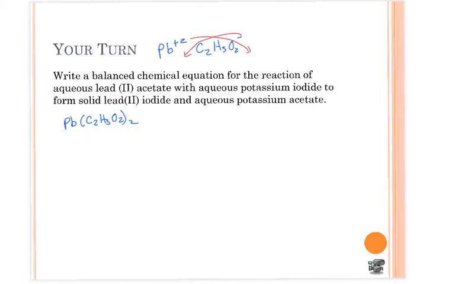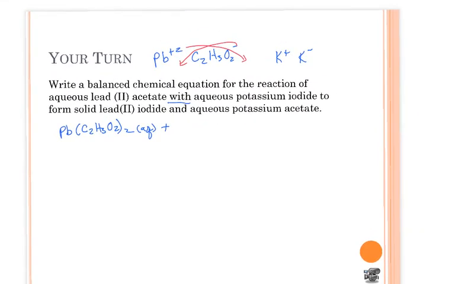And this is aqueous, plus we have potassium iodide because this is reacting with potassium iodide. Okay, so potassium has a positive 1 charge and iodide has a negative 1 charge, so that should be really easy. And this is also aqueous.